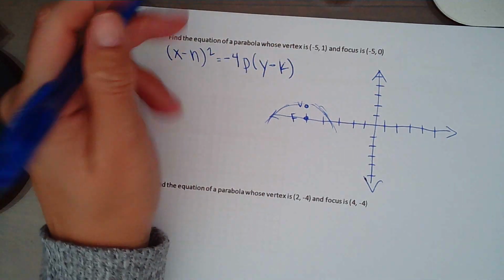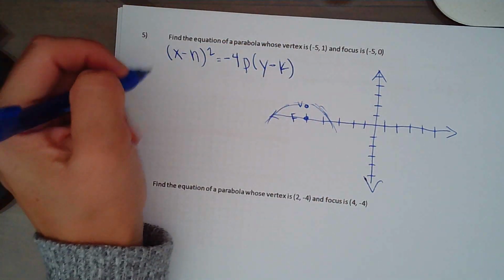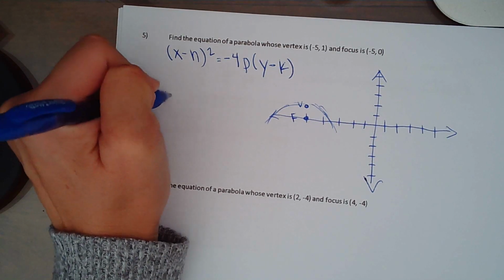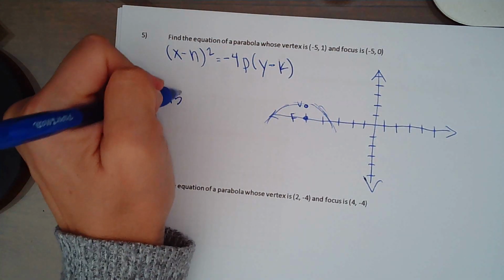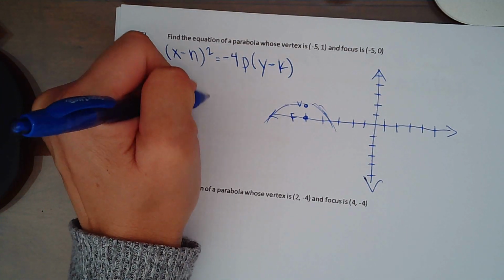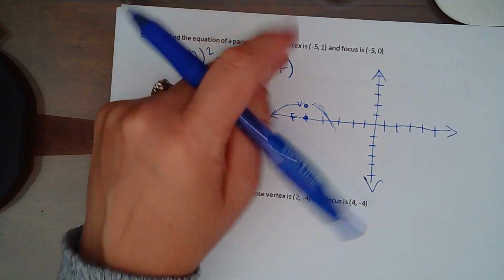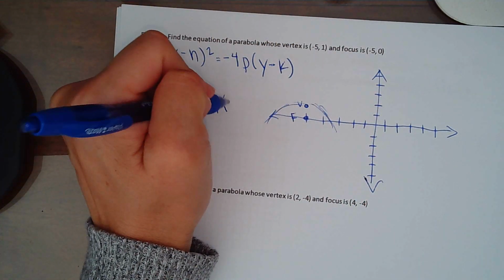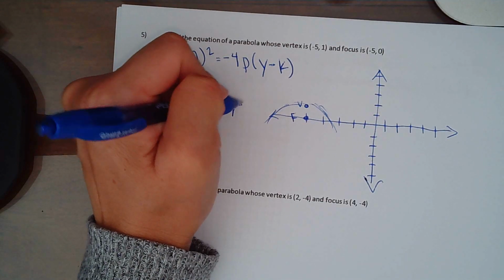So we now know that our vertex is negative 5, so it's going to be x plus 5, right, because it's negative, squared, equals negative 4p, and then our y, which is a positive 1, so y minus 1.